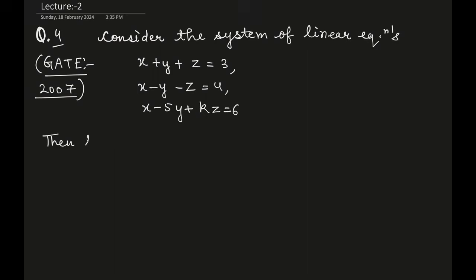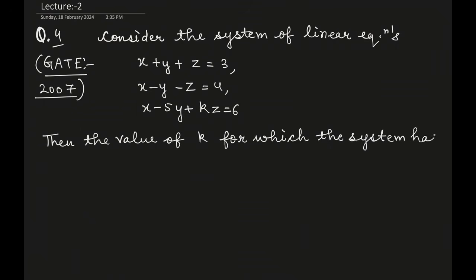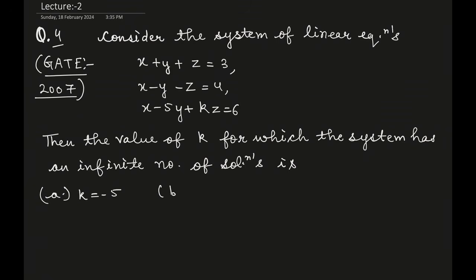Then the value of k for which the system has an infinite number of solutions is: a part k equal to minus 5, b part k equal to 0, c part k equal to 1, d part k equal to 3. Try this.